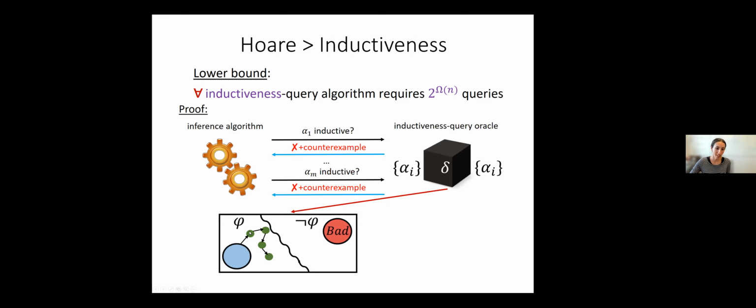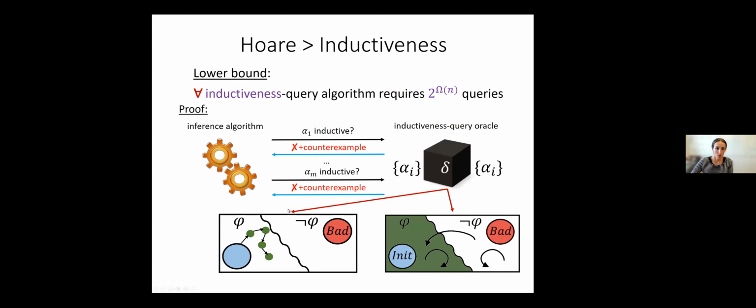But now if we think about some system that has phi as an invariant and compare the run of an algorithm on this system to the run on the maximal system for the same phi, we can see that any answer that the oracle can give in this system, it can also give when it runs on the maximal system, because in the maximal system, we just add a transition.